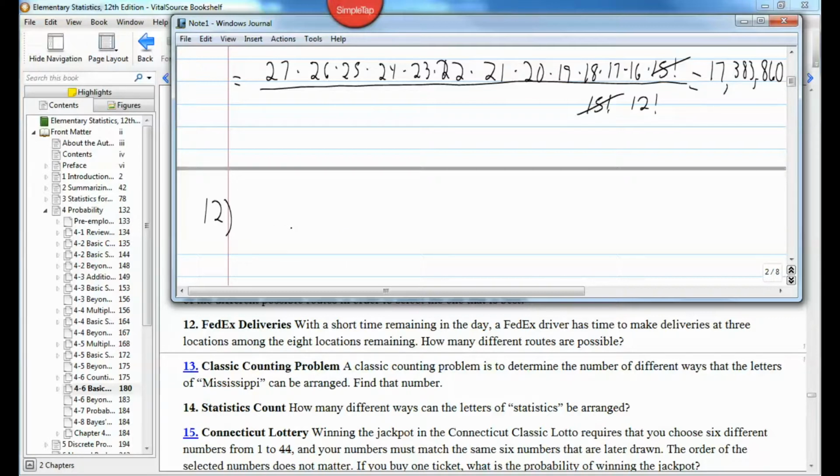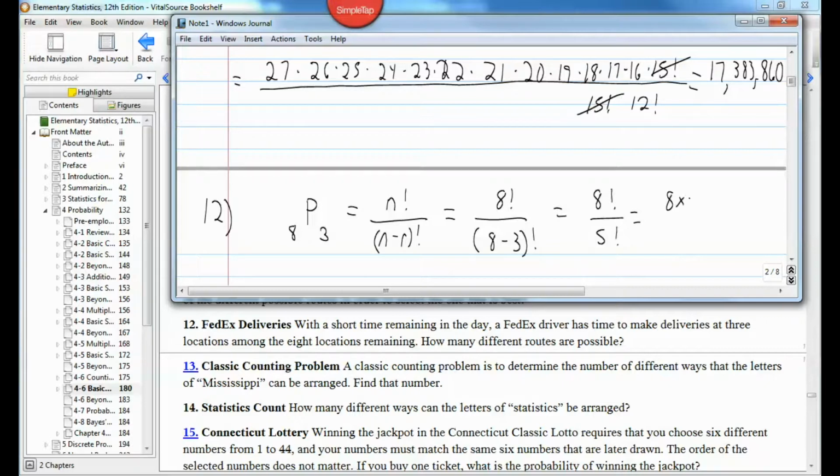So this will be 8P3, or n factorial over n minus r factorial. So that's 8 factorial over 8 minus 3 factorial, so that's 8 factorial over 5 factorial.